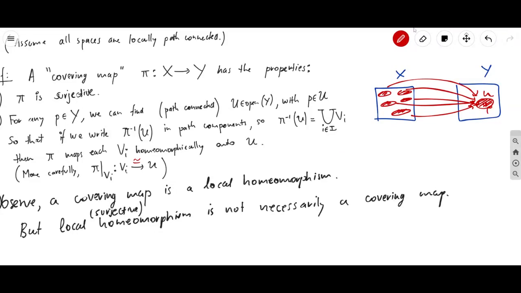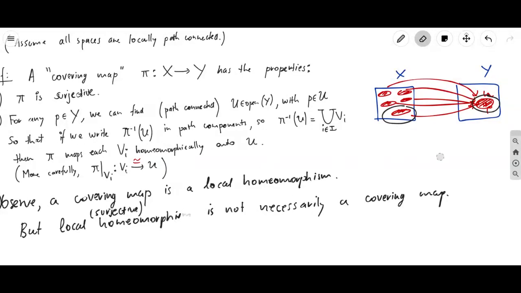So when we're saying you have a local homeomorphism, you are saying that locally there's a homeomorphism with some open set over here and with some open set over there. You can find an open set in X and an open set in Y, so that the pi mapping will restrict to a homeomorphism locally between those two open sets.